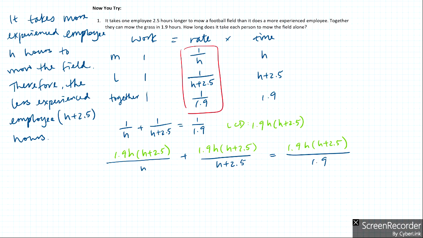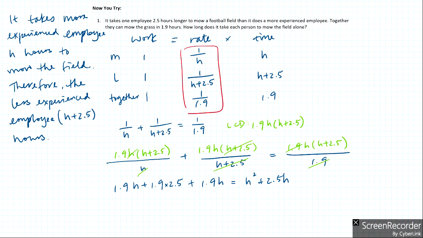And then we can do some cancellation. H and H cancel out, H plus 2.5 cancels out here, 1.9 cancels out here. So as a result, I get 1.9 H plus 1.9 times 2.5, plus 1.9 H, equal to H squared plus 2.5 H. I went ahead and distributed things wherever I needed to, because I know I have to simplify the expression next.